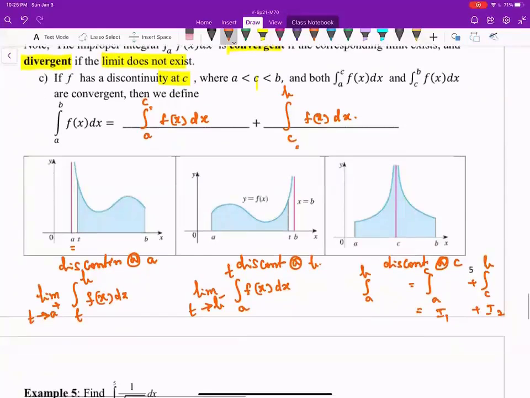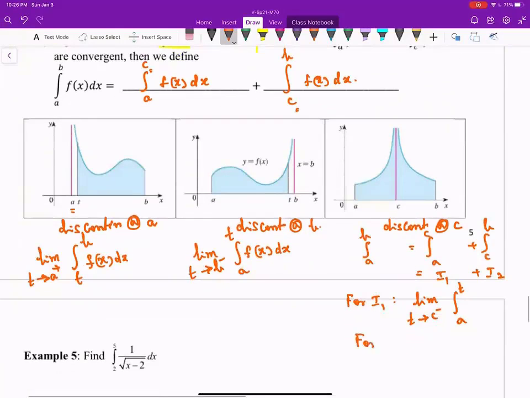In I1, because the discontinuity occurs at the upper limit, you will write the integral from a to t, with t approaching c from the left.